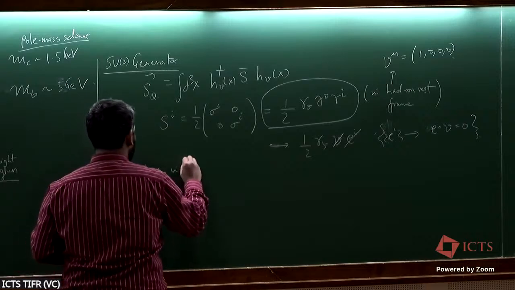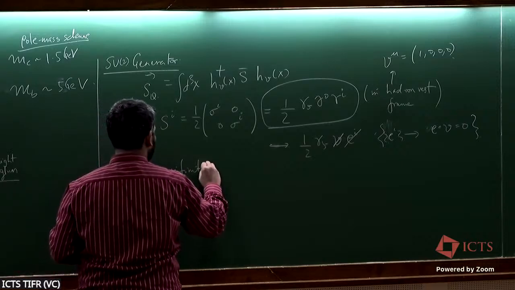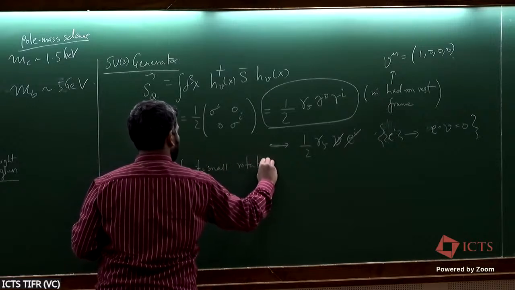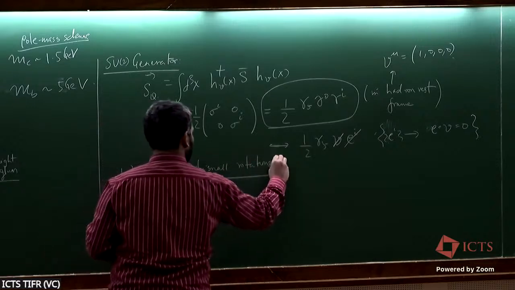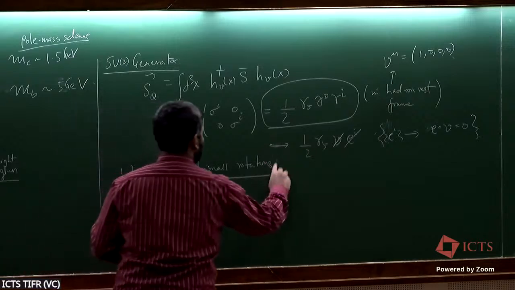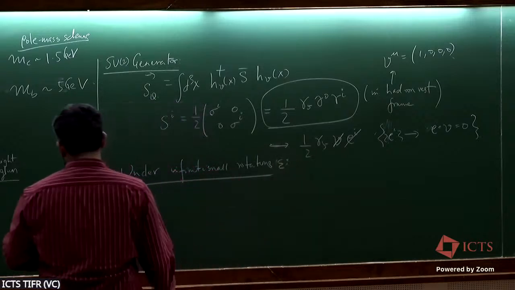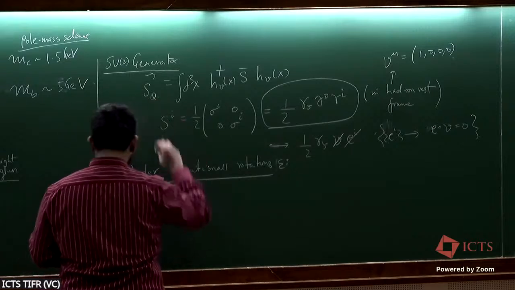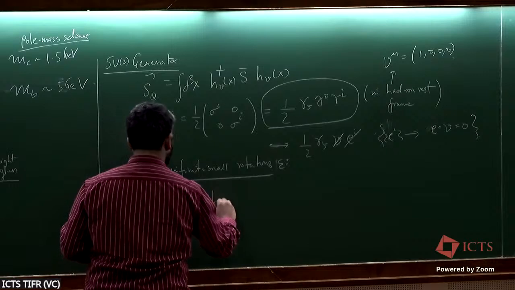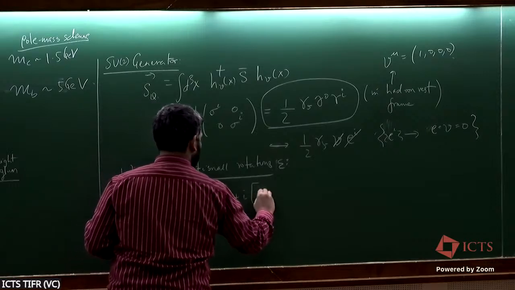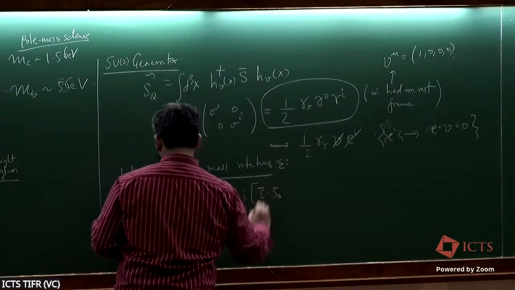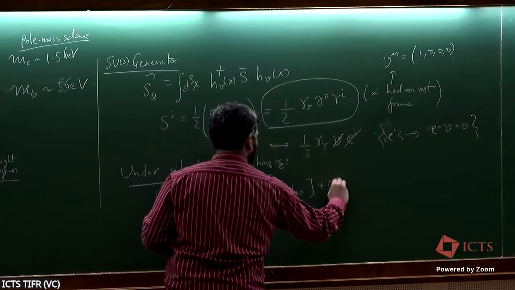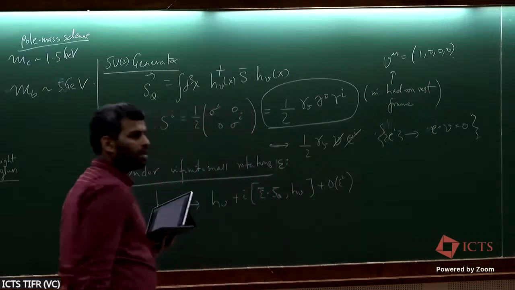So under infinitesimal rotations epsilon, my field under this generator would transform as H_v goes to H_v plus i epsilon dot S_Q dot H_v plus order epsilon squared.